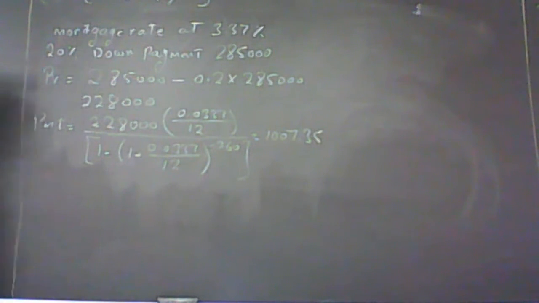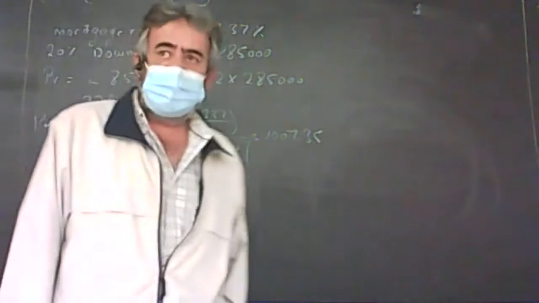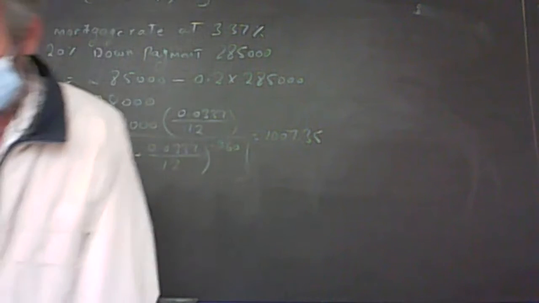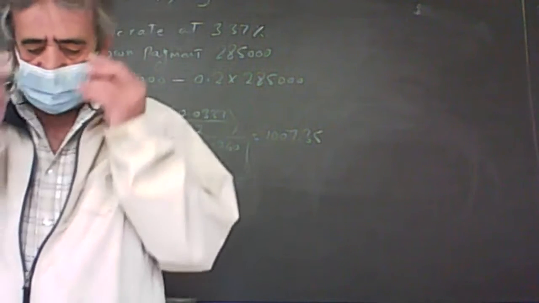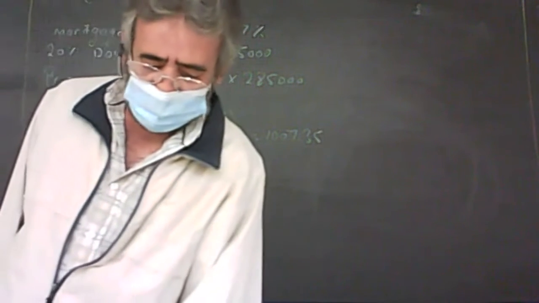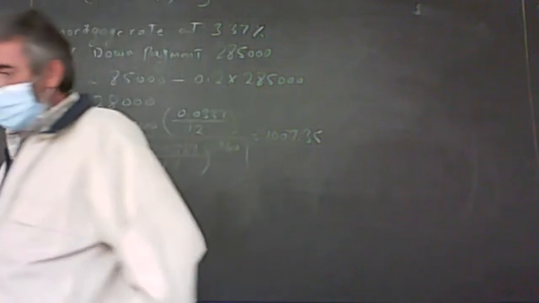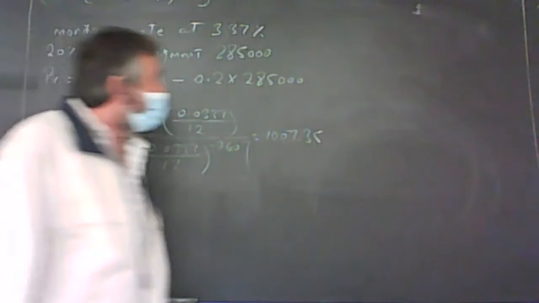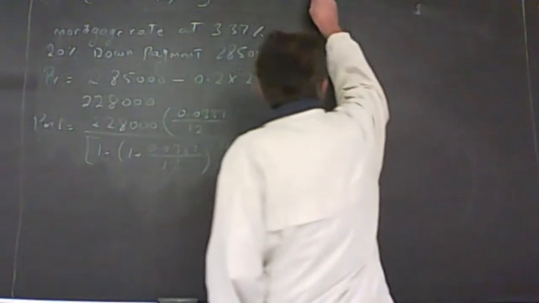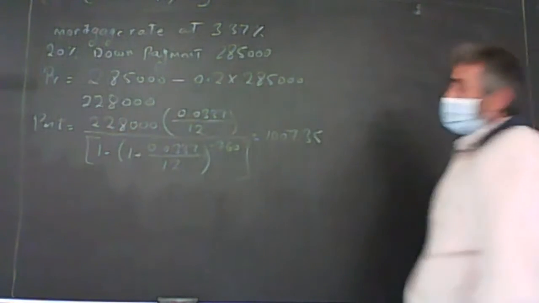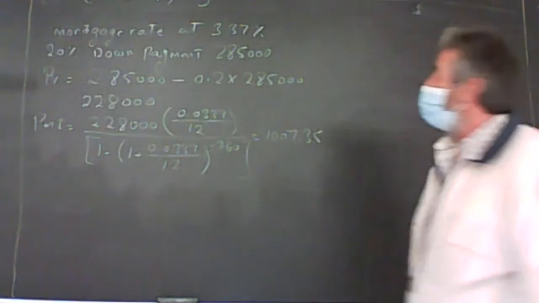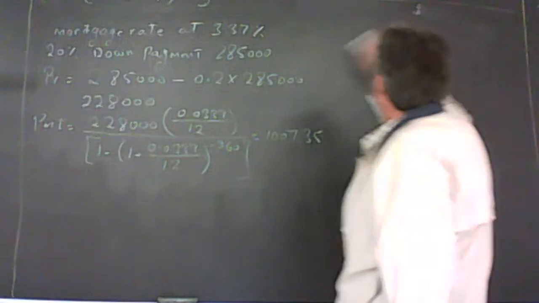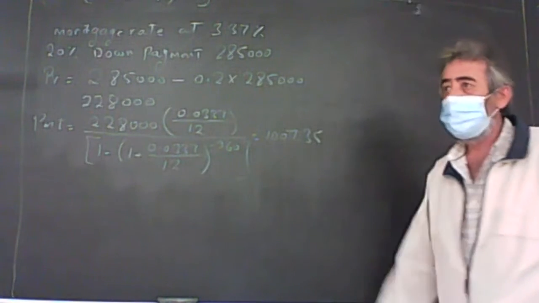Now, let's say you made payments for 10 years, and you need to know how much money you still owe. Let me go back to the line I drew at the beginning. Today, and here is 10 years from now.